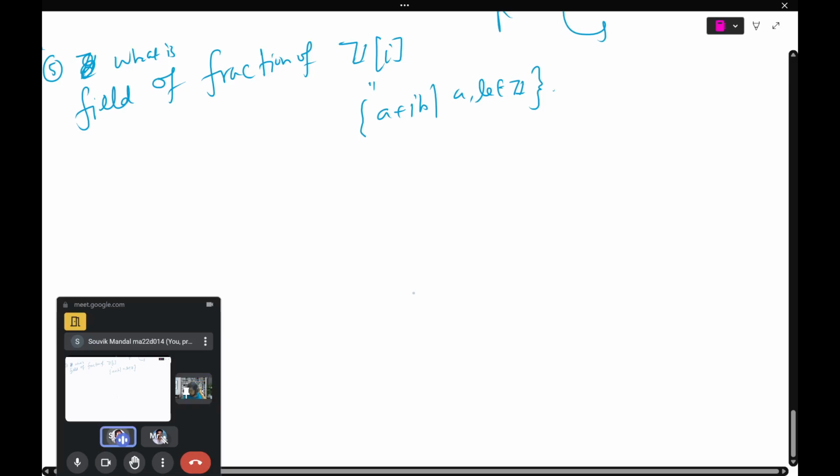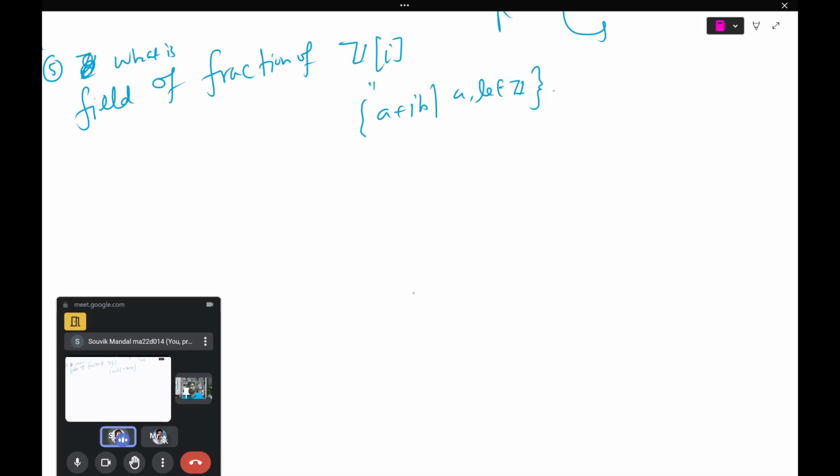a plus bi by c plus di. Right, so these are the elements of that form.